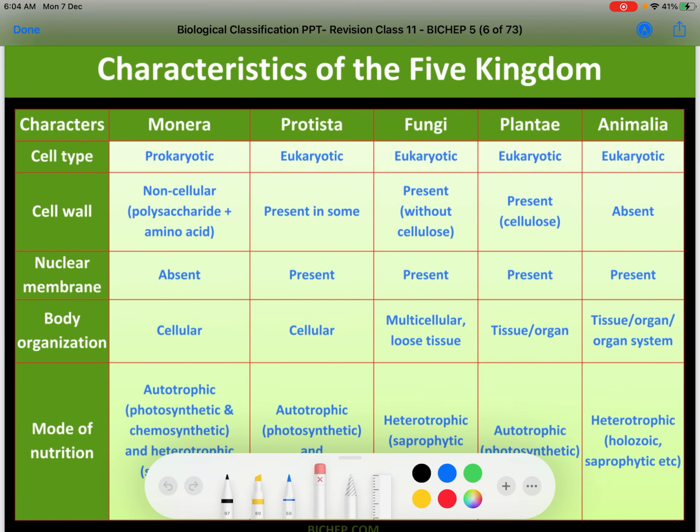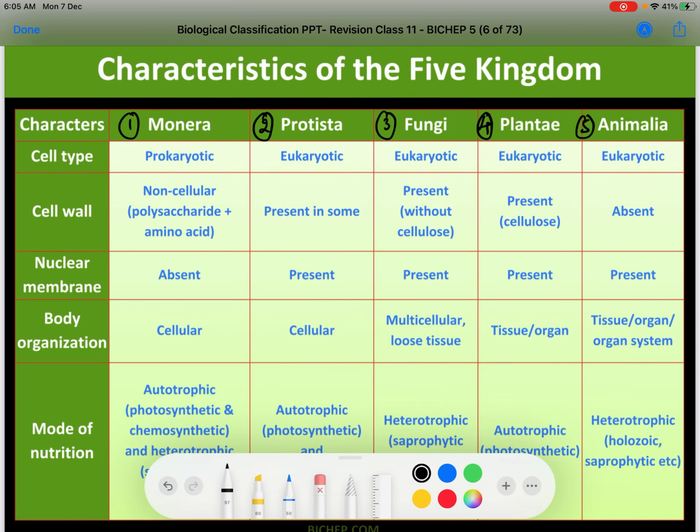Now let me clarify the various characters of the 5 kingdom classification and the main factors through which Whittaker sir classified those organisms into various categories. So we have 5 kingdoms. Number 1, Monera, number 2, Protista, number 3, Fungi, number 4, plants, and number 5, animals.